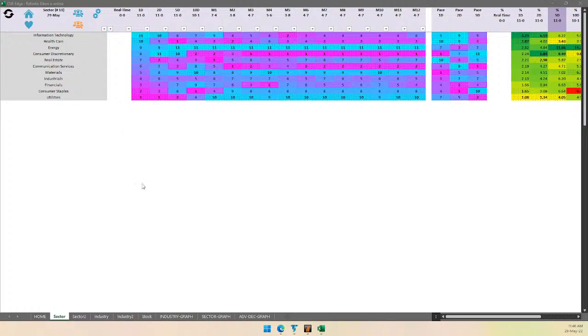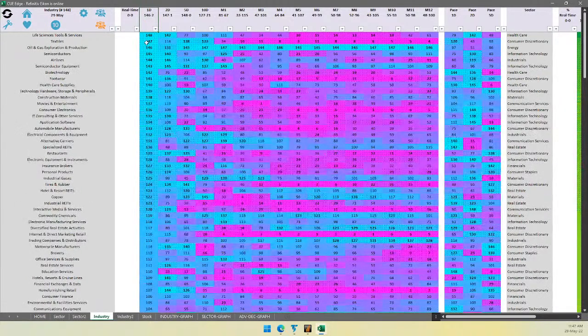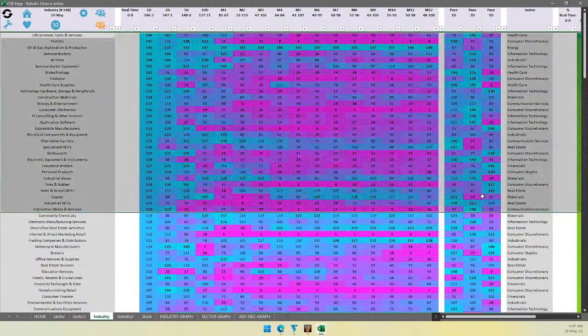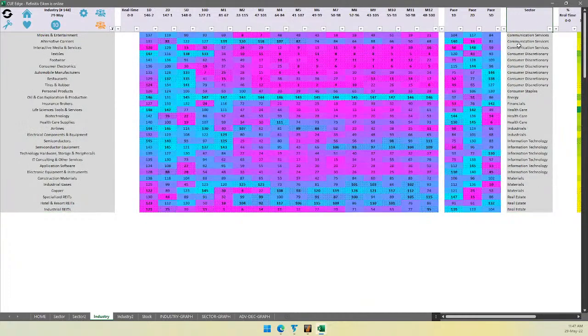Having said that, let's go to the industry level. I want to look at the top 20% strongest industries. These are the strongest industries. Let's see which sectors they are in. I'm sorting by sector, eliminating the other industries.